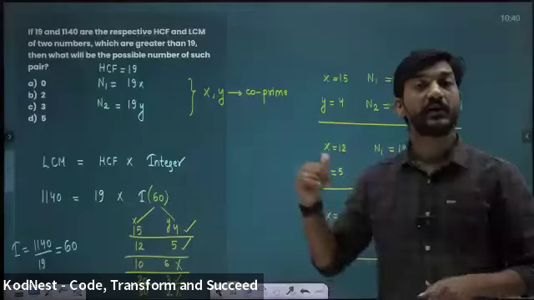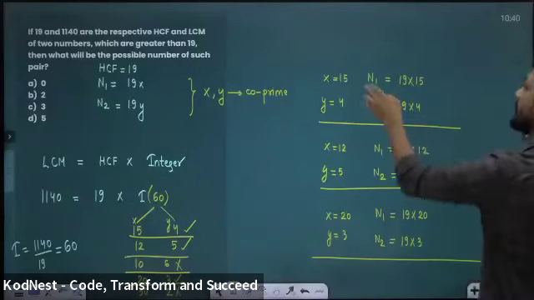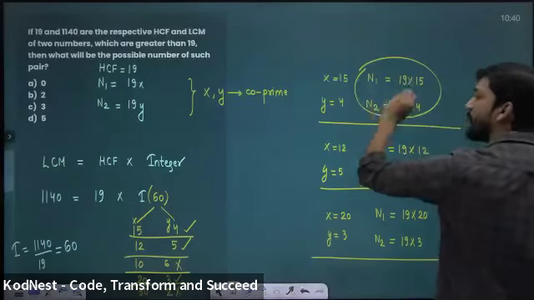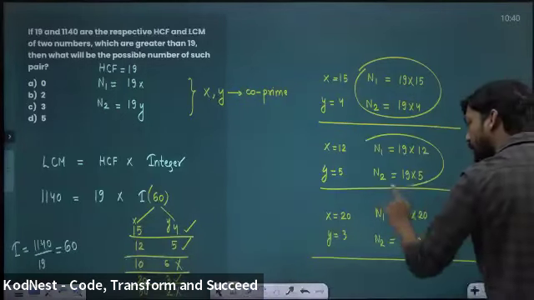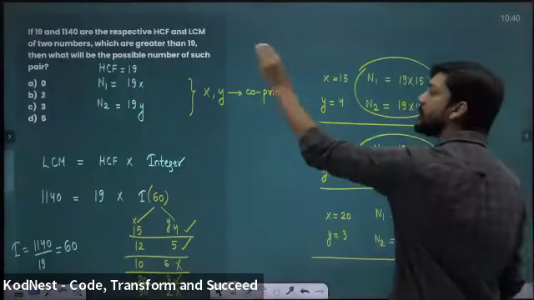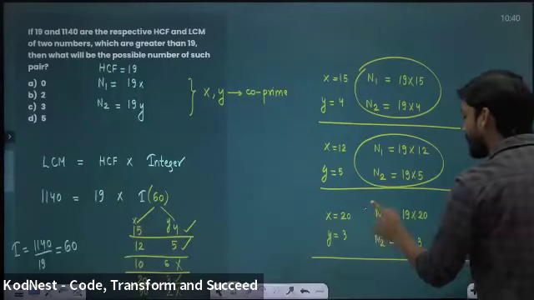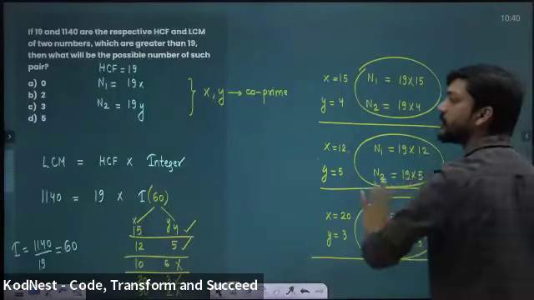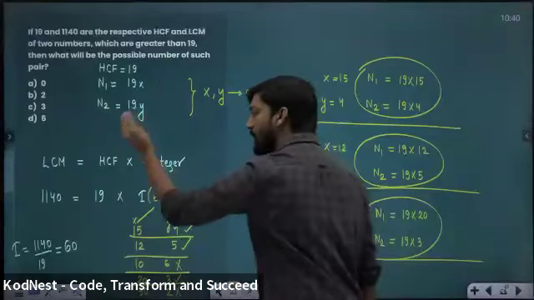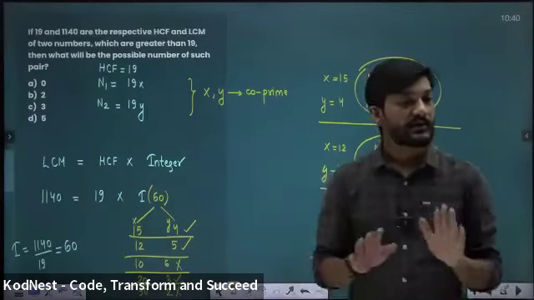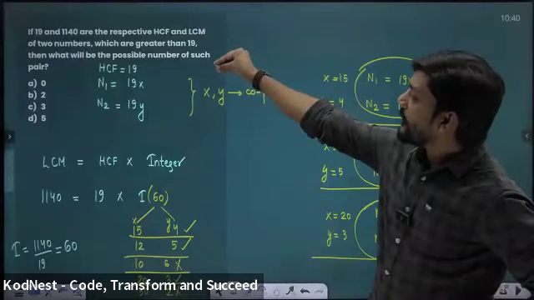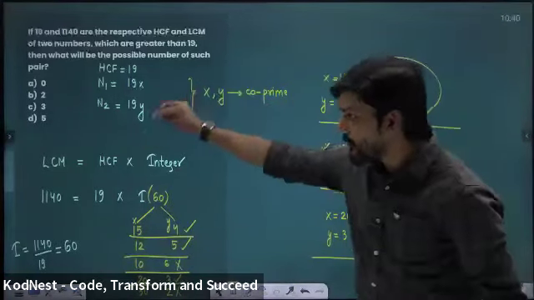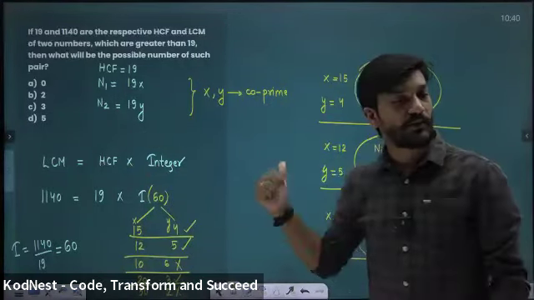So what the meaning of this solution is that this pair of numbers will give you the same HCF, same LCM. This pair of numbers also will give you the same HCF, same LCM. This pair of numbers also will give you the same HCF and same LCM. That is the meaning. So which set of numbers will give you the same HCF and same LCM? That is what we have found.